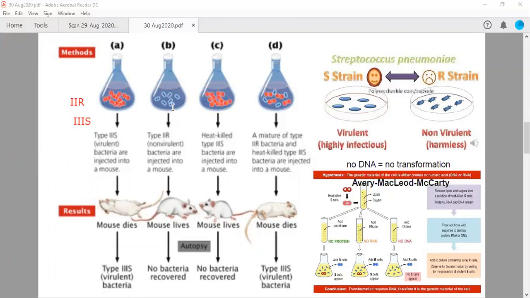You can see here the cell type is shown: two cocci connected together. So these are Diplococcus in nature. There are two strains, one is type 2 R, one is type 3 S.